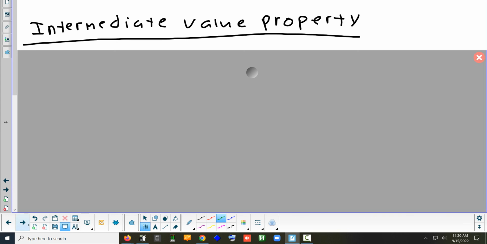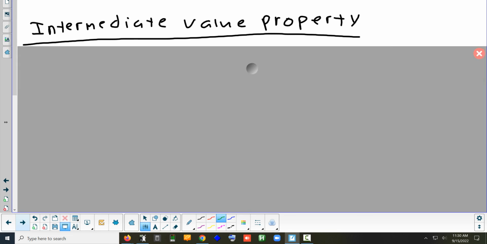Okay, second idea, intermediate value. It's a pretty common sense idea. I just haven't really explained it to you yet. But the idea of intermediate value is tied into continuity. Here's an example. Let's say that you had water in a pan at room temperature. You put it on the stove and you start boiling.